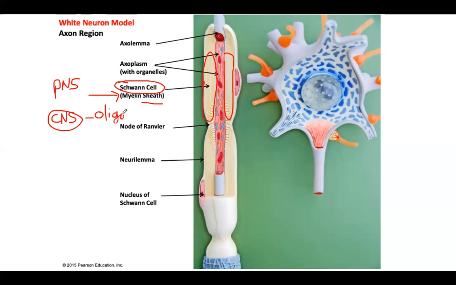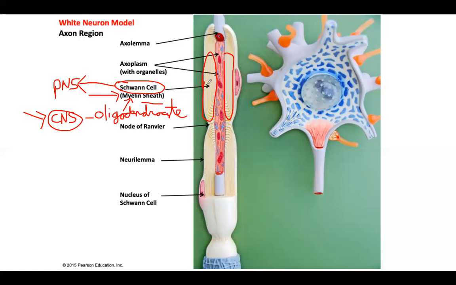There's a cell called an oligodendrocyte. So an oligodendrocyte is also going to produce myelin. However, it myelinates only in the central neural system, the brain and the spinal cord. Your Schwann cells produce myelin in the peripheral neural system, which is everything outside of the brain and outside of the spinal cord.